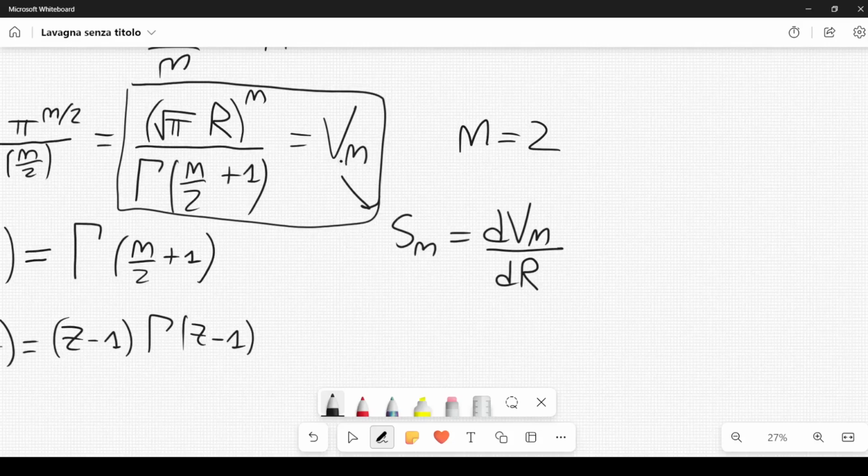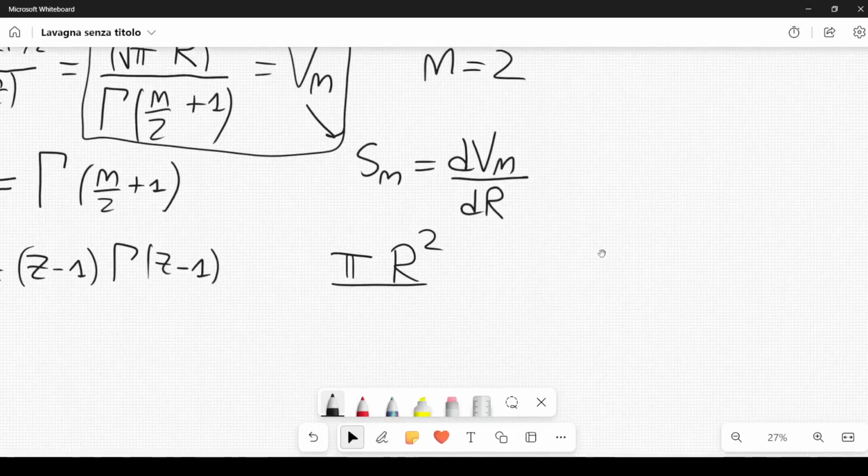So the volume of the sphere, the quote-unquote volume, will have to give you basically the area of the circle, right? So if we put 2 there, you get square root of pi squared, which gives pi, r squared divided by gamma of 1 plus 1, which is 2.